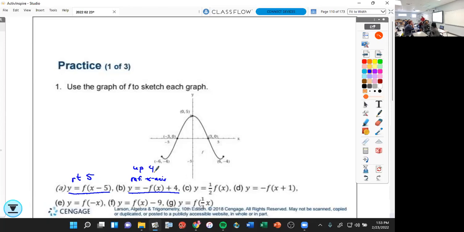Part C. Which way? Compressed which way? Horizontally or vertically? It's vertical. It's compressing it this way.